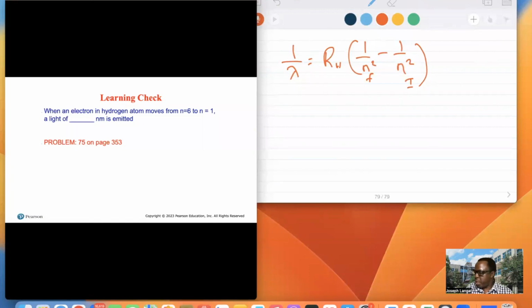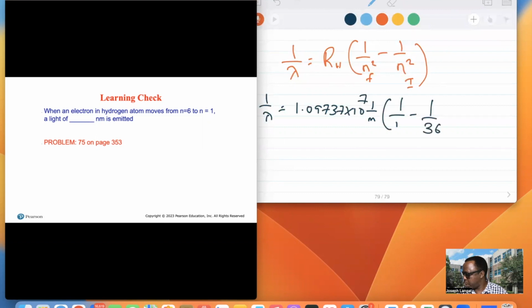So this will be 1.09737 times 10 raised to 7 per meter times 1 over 1 squared minus 1 over 36, because it is 6 squared. If you square 1, it's going to be 1.